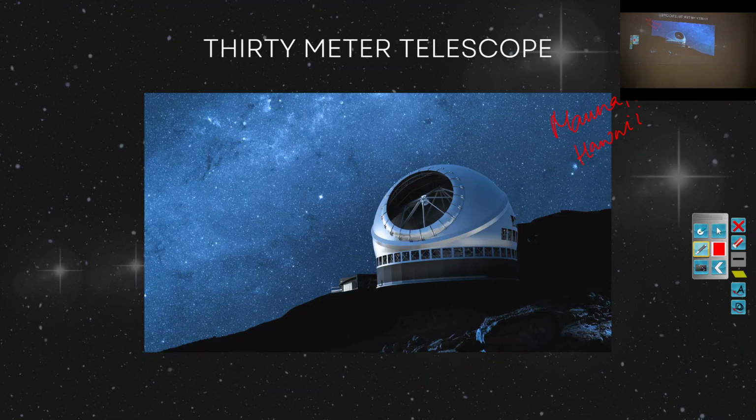So this is the 30-meter telescope present in Mauna Kea, and it will look in the optical, like visible light, and also in the infrared.